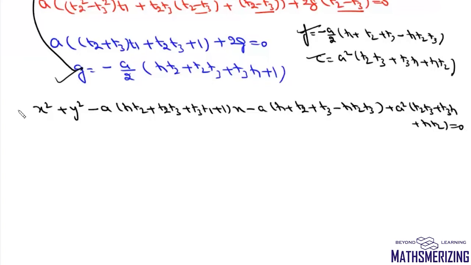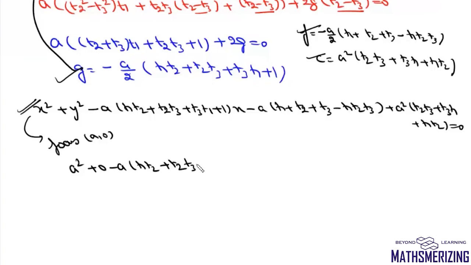Now we need to prove that this circle passes through focus of parabola. So we know that focus of parabola is (a, 0). So we'll put x as a and y as 0. Then we can write this equation as a square plus 0 minus a (t1 t2 plus t2 t3 plus t3 t1 plus 1) into a, and then here it should be y, and here will be 0, and then plus a square (t2 t3 plus t3 t1 plus t1 t2).